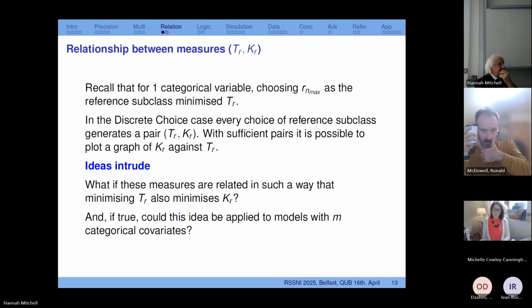Now, the following ideas in truth. In statistics, it's ideas that count. That's the key idea, having good ideas. So now, what if these measures are weighted in such a way that minimizing TR, and we know how to do that, also minimizes KR?